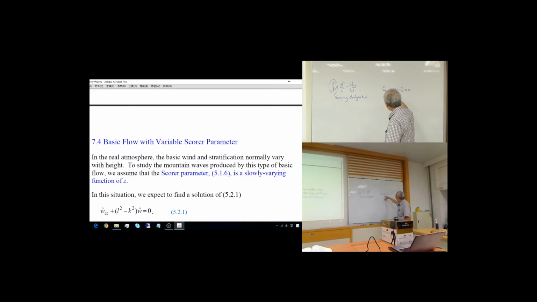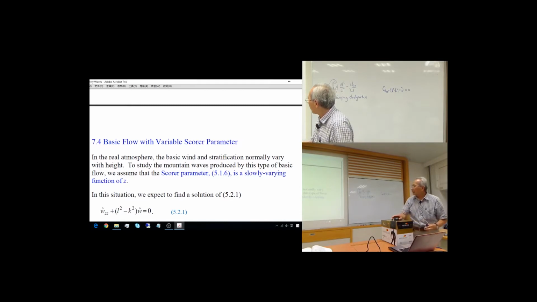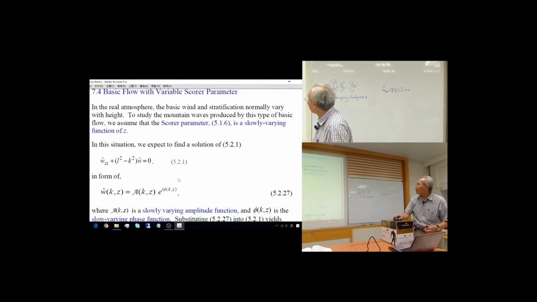Now, L square is no longer constant, so we can no longer apply it easily, except if this is varying slowly with height, then you can approximately say it's almost constant, but not exactly. So the treatment is different. You cannot solve it as before.